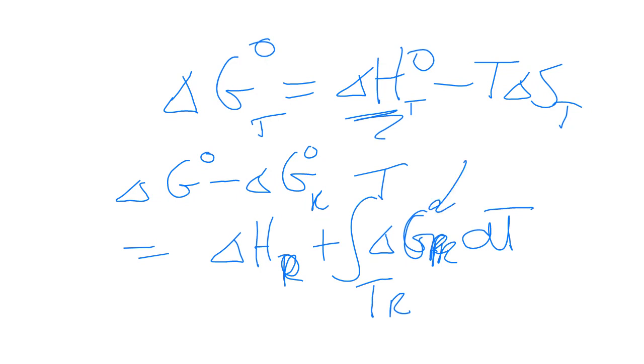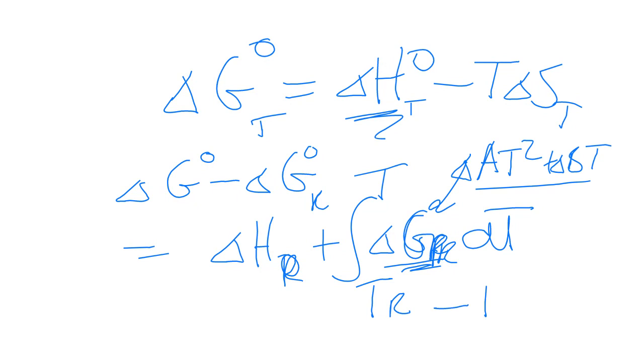And this del Cp of the reaction can in fact be temperature dependent, because you will have an AT squared plus BT plus C equation for each of your components, and you can calculate that in as a delta A and a delta B for the different components. So this is the first term, and then we've got minus T del S.